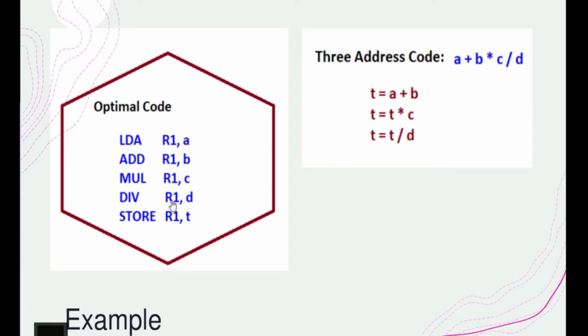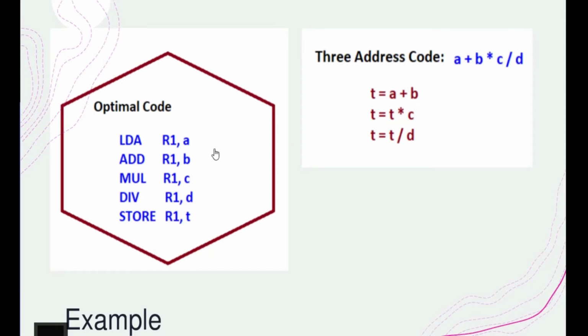So this has to be stored in another variable, because always the register won't contain the final result. The final result will be allocated to a variable only, because that register has to be used for performing another operation, right? So a register is used for storing the temporary result only. The final result will always be stored in a variable, right? So the result of R1 will be stored in T. For that we are using the store opcode.